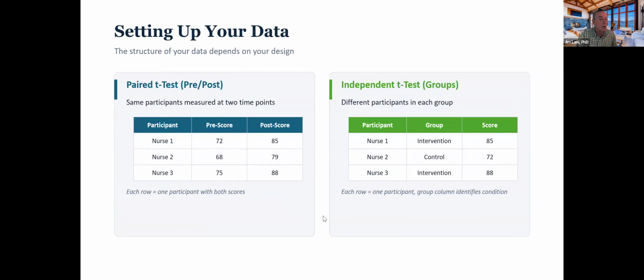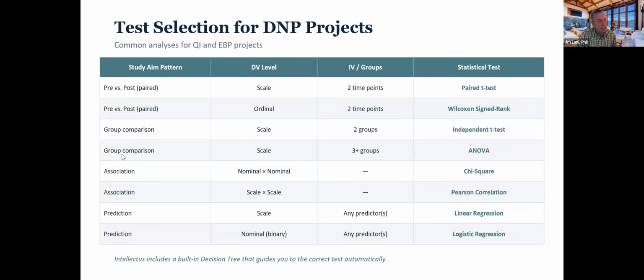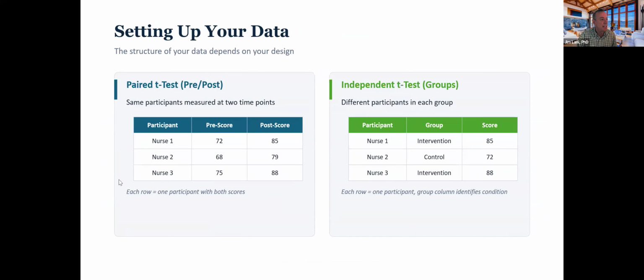Since t-tests are so common, I thought I would have a slide that shows how to set that data up. You'll notice here that the participants are always on rows, okay? I get messy data in all different kinds of ways, different sheets. You want one sheet with one participant on one row and their scores on that row.